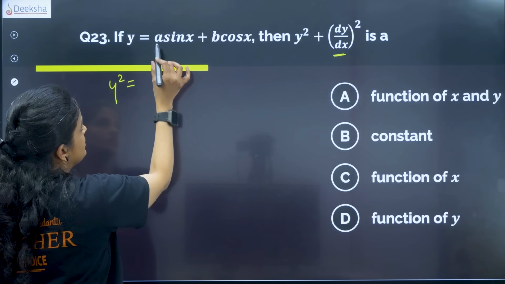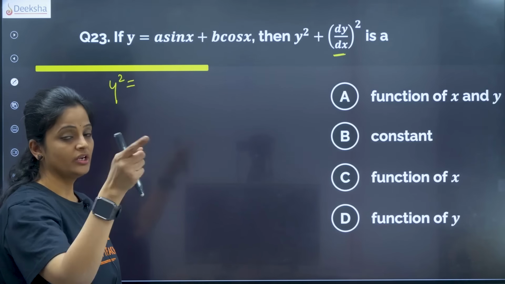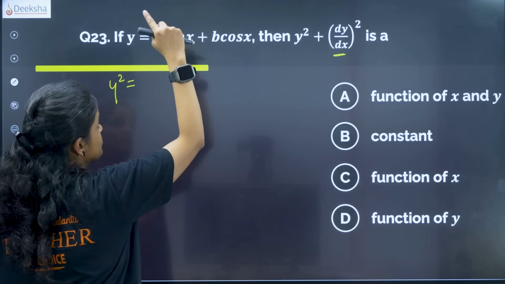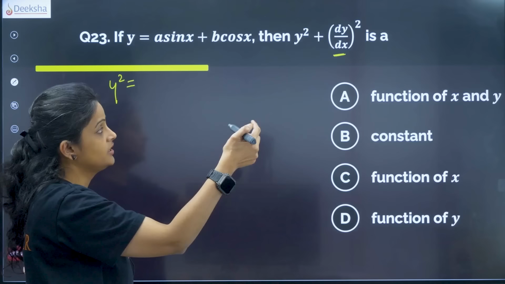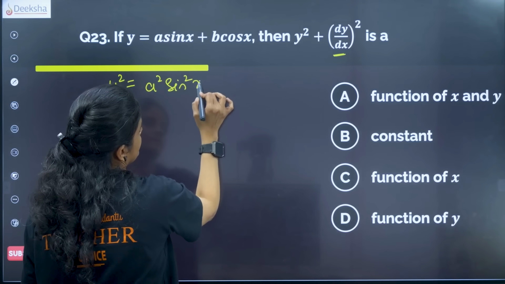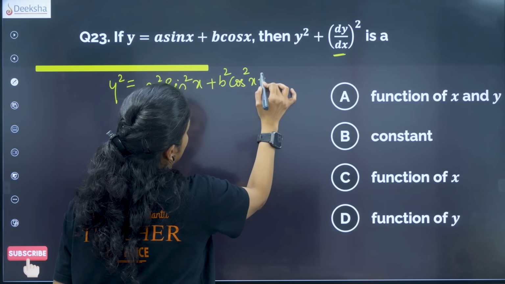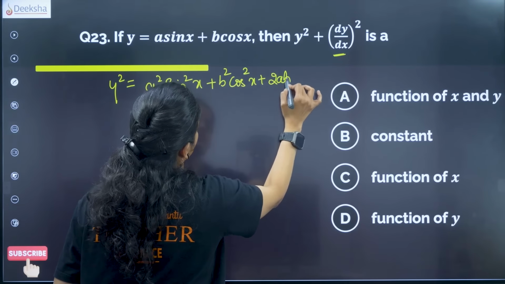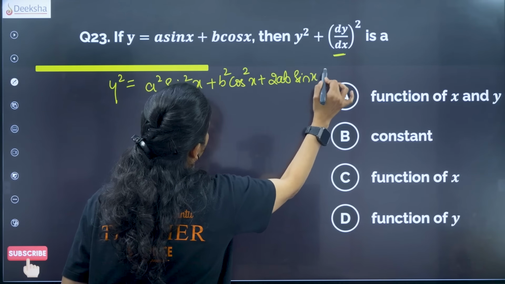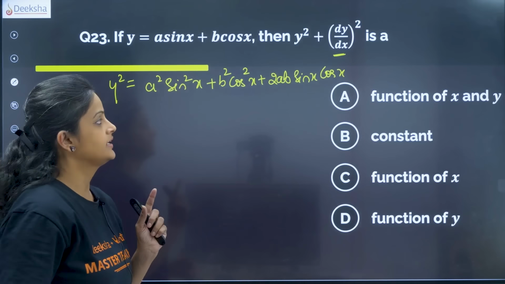Squaring this will not give a square b square, I have to take the whole square. Okay, don't make that mistake. So a square plus b square plus 2ab I have to take. So a square sine square, b square cos square plus 2ab sin x cos x. This is my first term what I need.